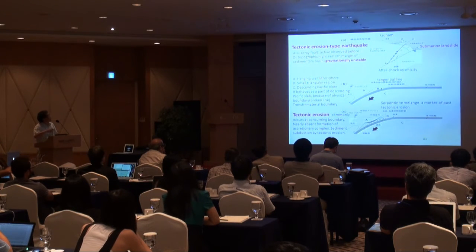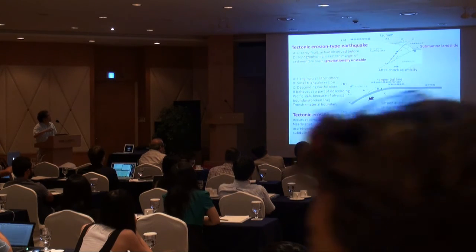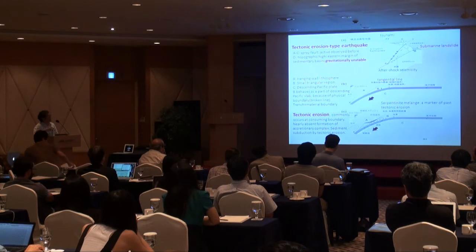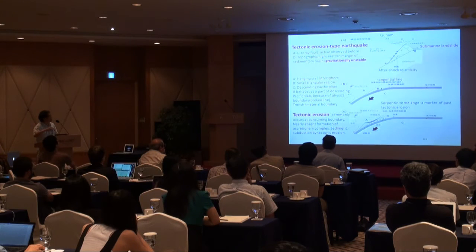D is a topographic high. This is an important point: the eastern margin of the sedimentary basin here. This basin is gravitationally unstable because every year huge amounts of sediment come to accumulate. This is an important point through time if we consider tsunami.